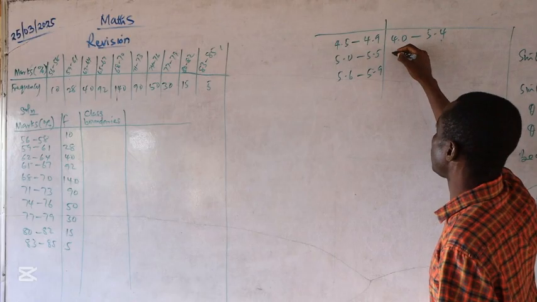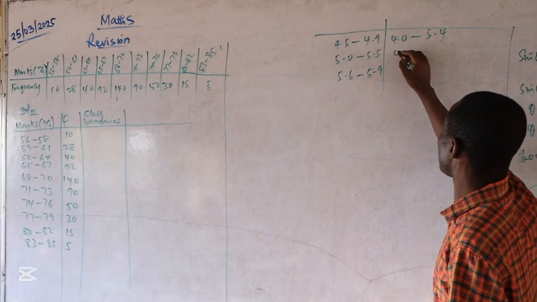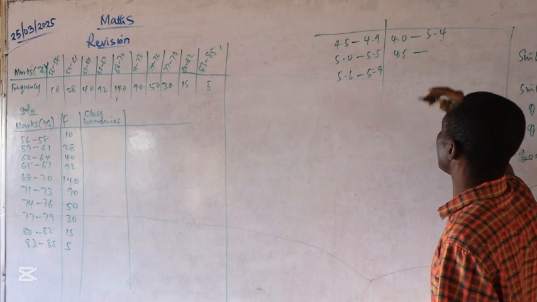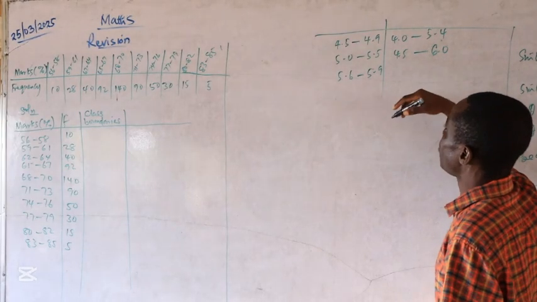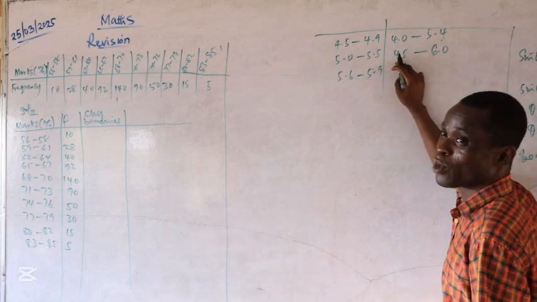Okay, what about this one? 4.5 to 6. Have you forgotten that the upper boundary of this one must be the lower boundary of this one?